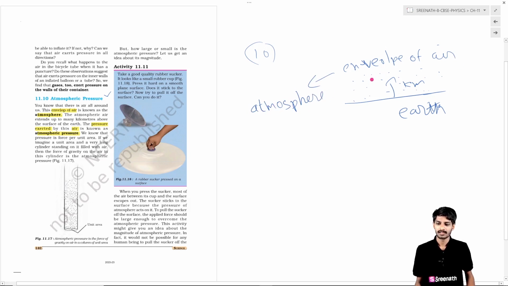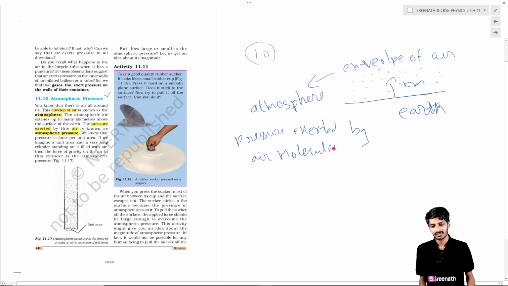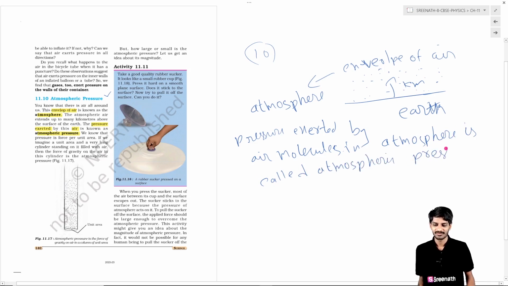And the pressure exerted by the air molecules in the atmosphere is called atmospheric pressure.